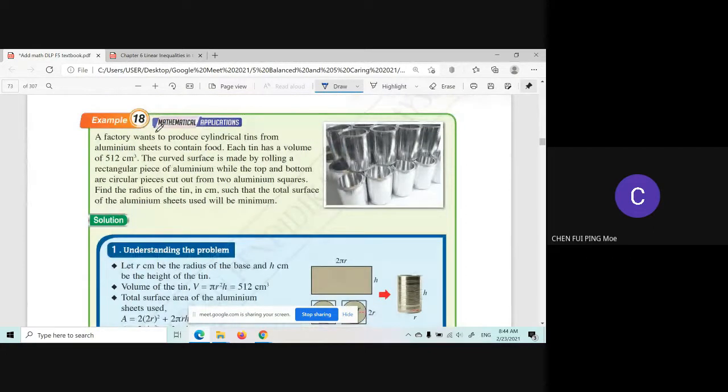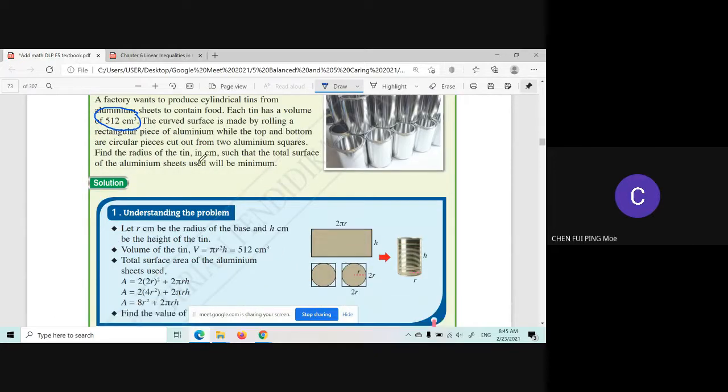A factory wants to produce cylindrical tins from aluminium sheet to put food in, like this. Each tin has a volume already set at 512 cm cube. The curved surface is made by rolling a rectangular piece of aluminium, while the top and bottom are circular pieces cut out from two aluminium squares.